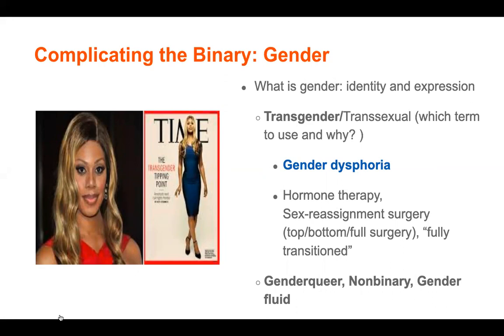And Laverne Cox, who some of you may recognize if you watched Orange is the New Black, when she was featured on the front of Time magazine, they referred to her as a representative of what they called the transgender tipping point. It was the idea that as we started to have openly transgender individuals playing themselves, playing roles on TV, telling their stories, society was acknowledging that there are individuals who do not fit the binary, who reject the binary.